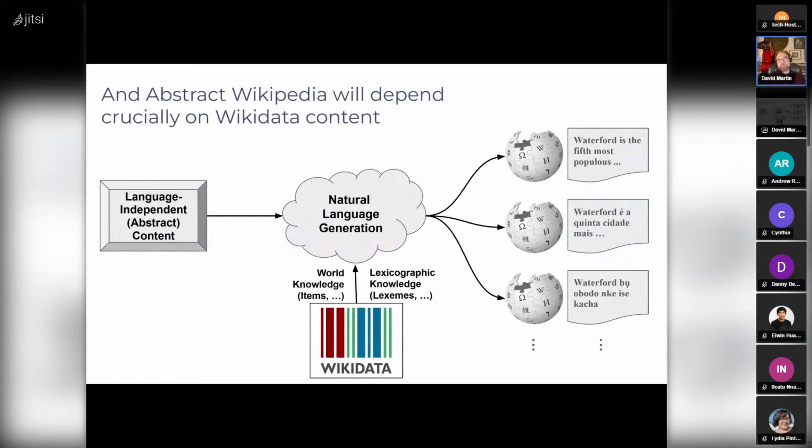Furthermore, Abstract Wikipedia will depend crucially on Wikidata content, as we shall see. Abstract Wikipedia will depend on both world knowledge, such as items, properties, and statements, and lexicographic or dictionary knowledge in the form of lexemes and lexeme forms and lexeme senses, all coming from Wikidata.